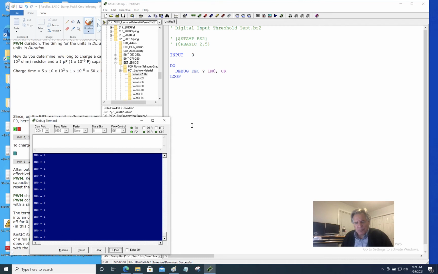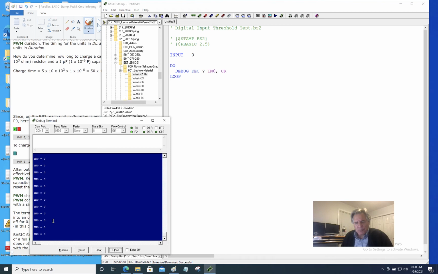If I go all the way counterclockwise, hopefully you can see that the value of input 0 is 0.